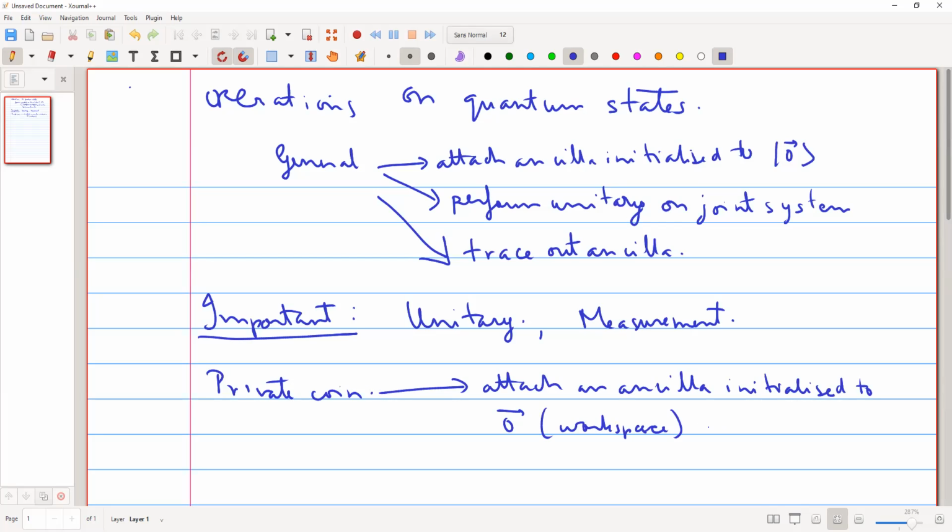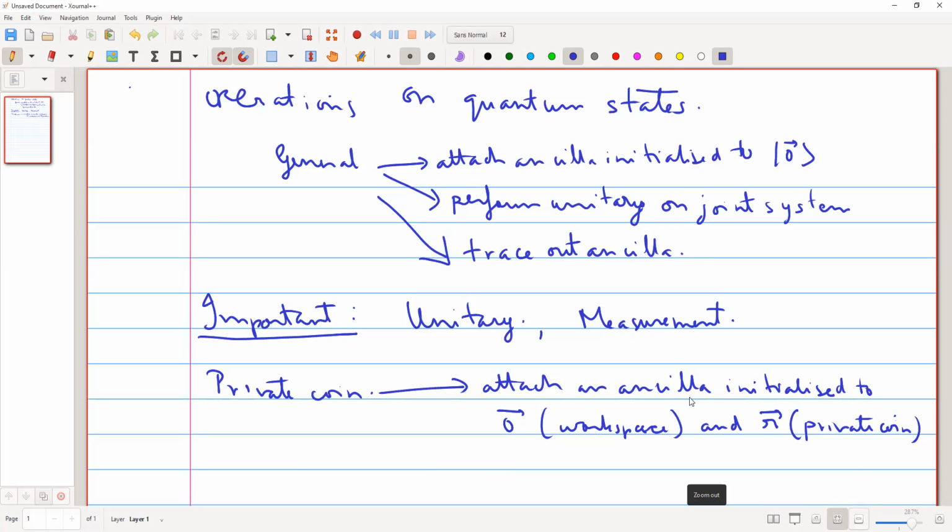And then this was the private coin. Some bits tossed, let us say heads, tails, uniformly and independent of everything else. In the quantum setting, this definition seems to be stronger than what I wrote out here. I will show you that in the quantum setting, this definition would not be stronger.